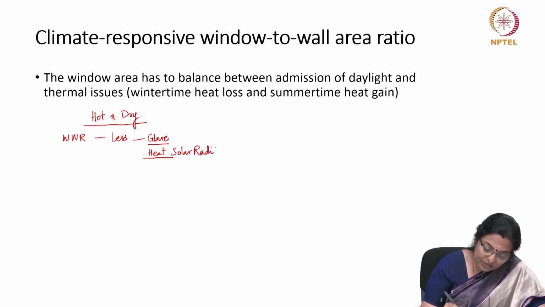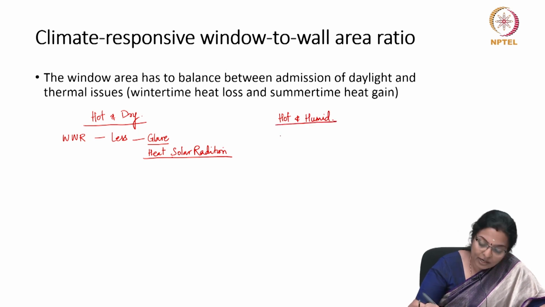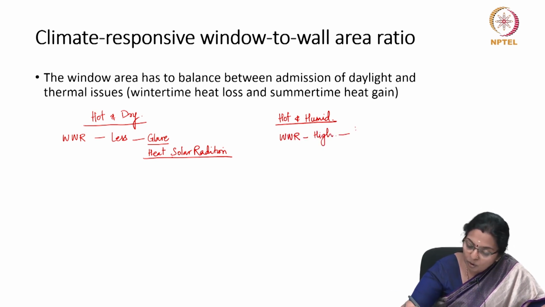Whereas, the same is not true for hot and humid, or warm and humid climate, where your window to wall ratio should be high. You must have large windows with appropriate shading device to allow for daylight as well as breeze.